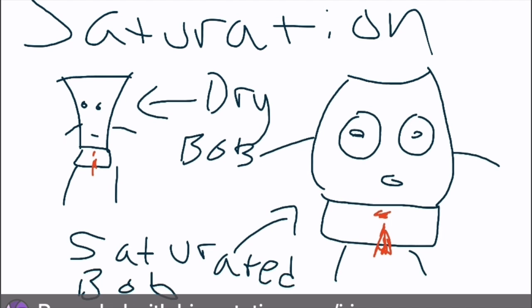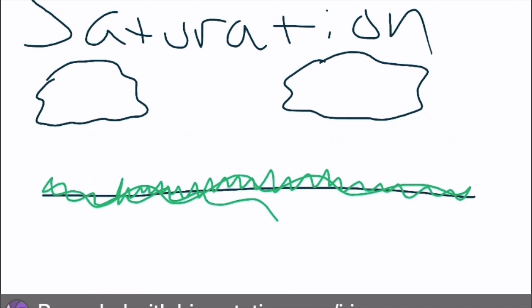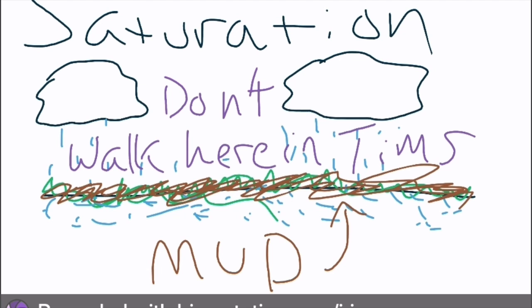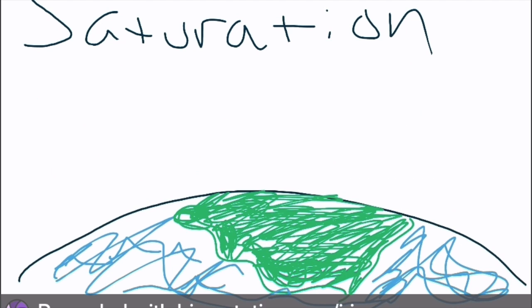Saturation, like a sponge that can't hold any more water, or your backyard after a big rainstorm, the air can reach a point where it can't hold any more water.